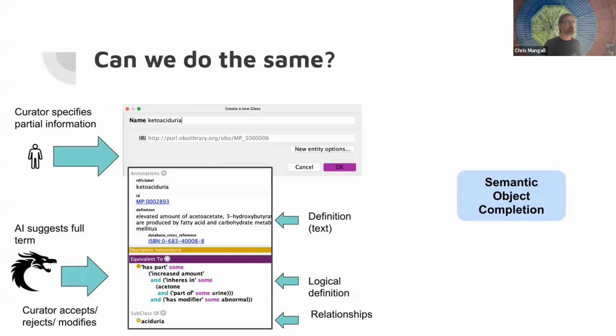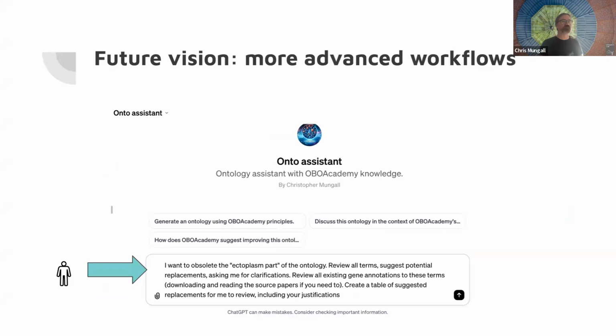This includes textual information such as text definitions, logical information such as parentage relationships, and even complete logical definitions. So I call this semantic object completion, and that's one of the driving forces behind CurateGPT. The longer term vision is to do even more than just completion, and it's to do complete workflows.